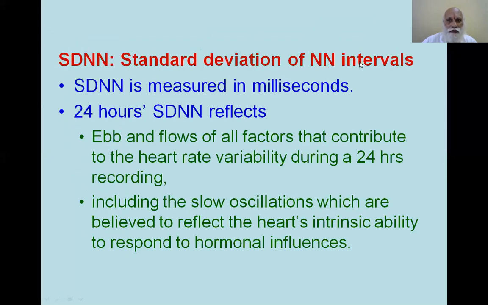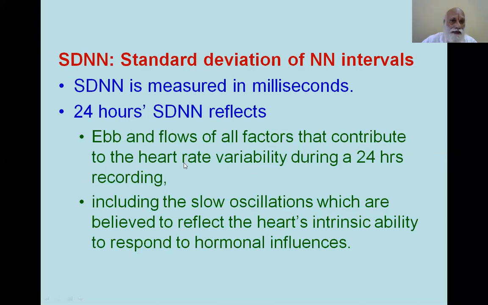When you take the mean, you can also calculate the standard deviation, and that standard deviation of NN is this. It reflects the ebbs and flows, the increase and decrease, of all factors that contribute to the heart rate variability during a 24 hour recording.